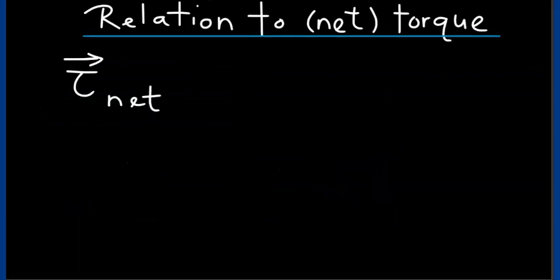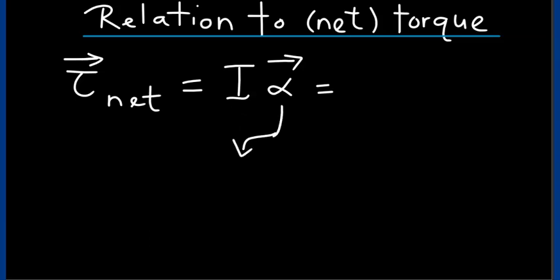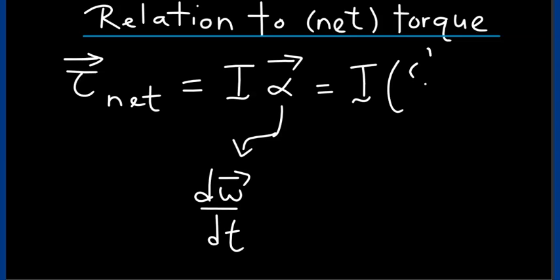Now we want to see how angular momentum is related to net torque. From Newton's second law for rotation, we have seen net torque acting on a system is related to angular acceleration in the following manner, I being the moment of inertia. And since angular acceleration is defined as the time derivative of angular velocity, we can write the equation for the net torque as I d omega dt.